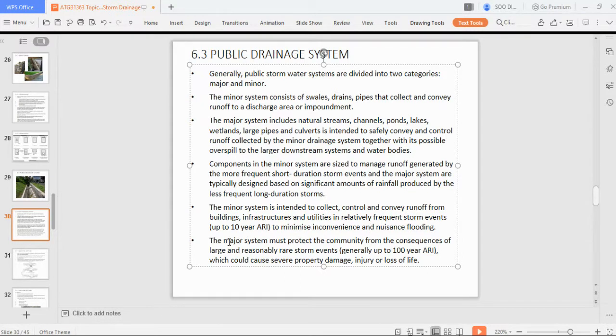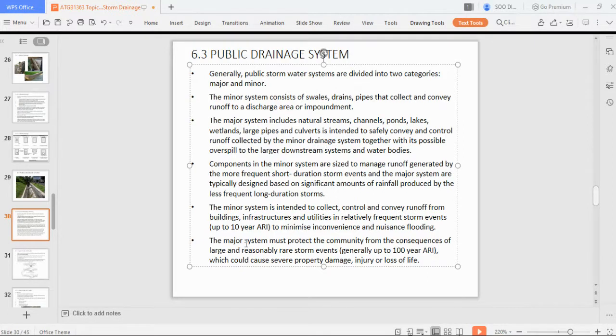So when you consider a major system, when you consider city planning, and not just a minor system which is mostly associated with a taman, when you consider it at a major level where you are protecting a community instead of just a landed or gated community, you have to consider the rainfall data of at least 100 years.